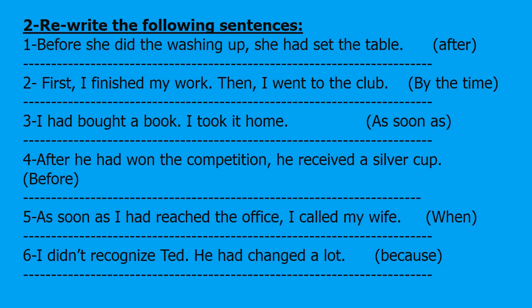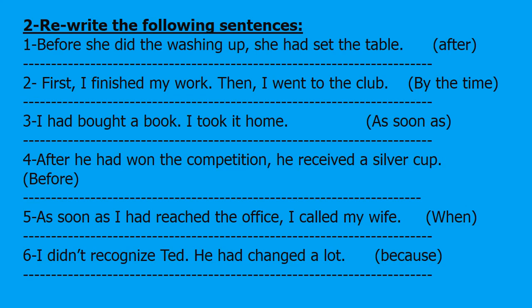Number 6, I didn't recognize Ted. He had changed a lot. Use the word because. Of course, you know that after the word because, we put the reason, and before the word because we put the result. Which happened first, the reason or the result? Of course, the reason.